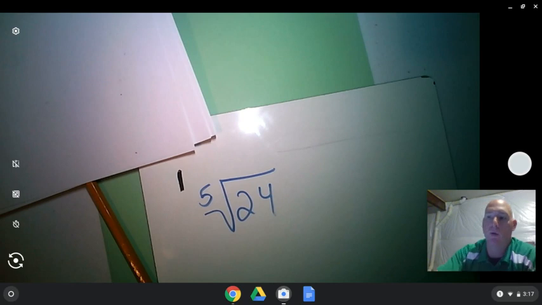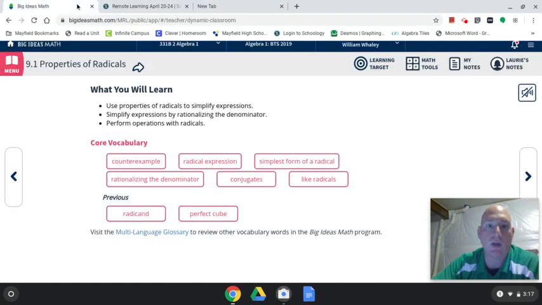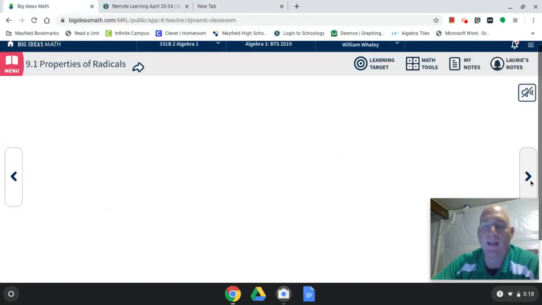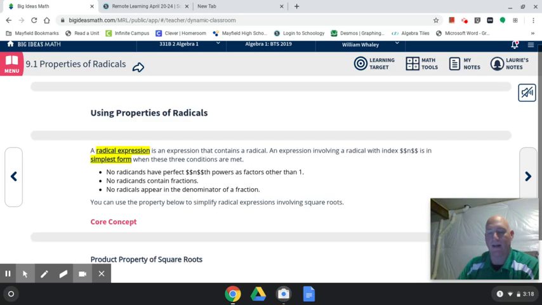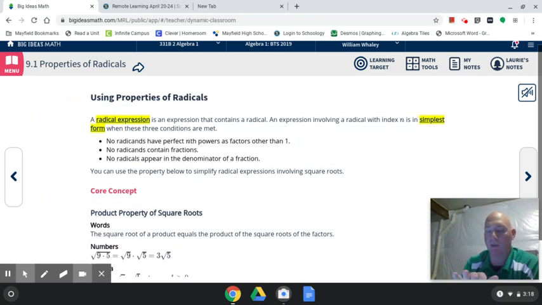Now, simplest forms of a radical expression. I'm actually going to go to the book for that right now and look at theirs because they just line out what is really important. So when you have a radical in simplest form, these are the three things that must happen. And radicand, radicand is just the thing that's being reduced.